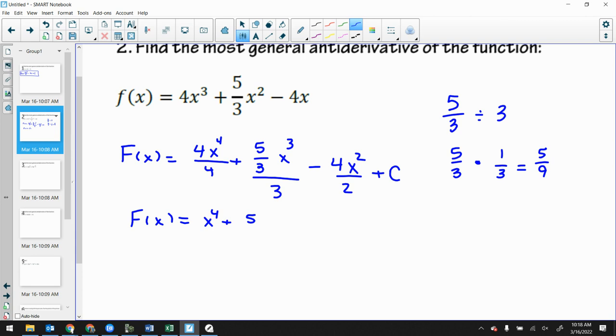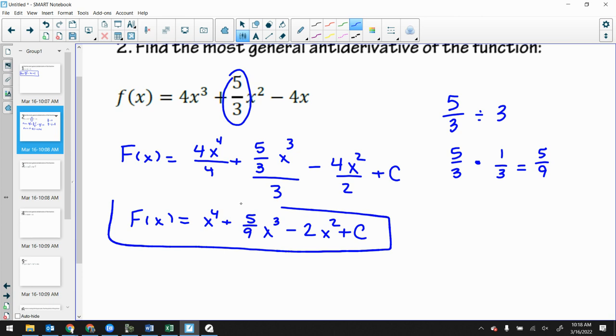If I present you a problem in fraction form, please leave it in fraction form. If I give it to you in decimals, please leave it in decimals. But if I don't give it to you in any form, you can pick. See, I gave you a fraction right here, which means I want my answer back in fraction. Minus 2x squared plus c. So x to the 4th plus 5/9 x to the 3rd minus 2x squared plus c.